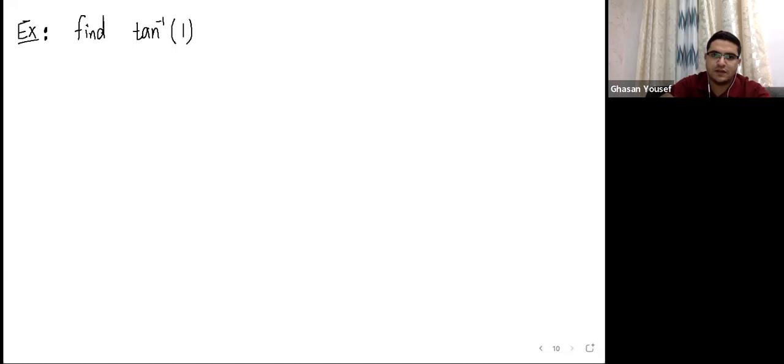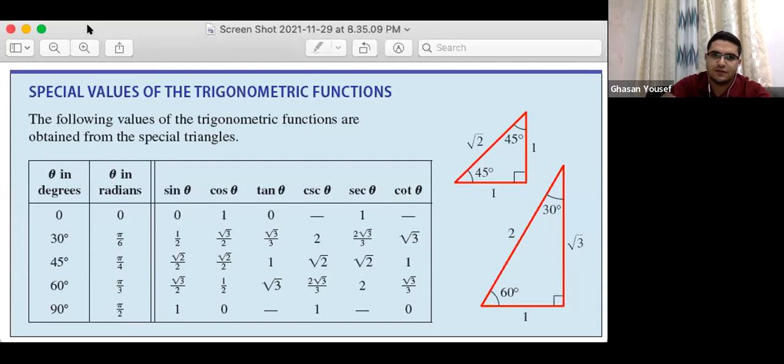A student asked me about the table. Here is the table. Can you see the table? You should know it. All students should see the table.